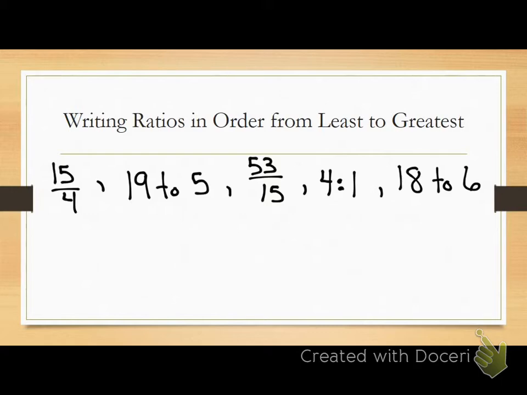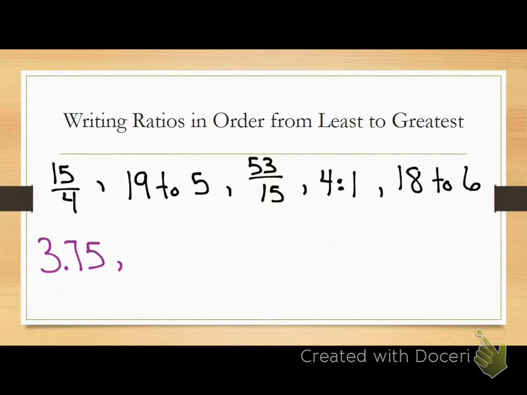What is still the same across the board is that I can change all of these ratios to decimals by dividing the first number by the second number. So that's what I'm going to do. 15 divided by 4, my answer as a decimal is going to be 3.75.